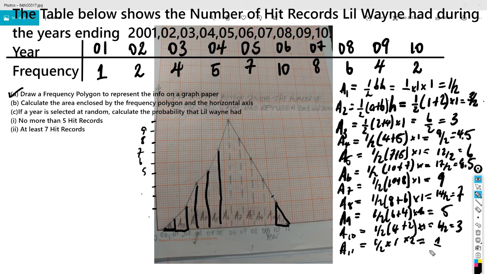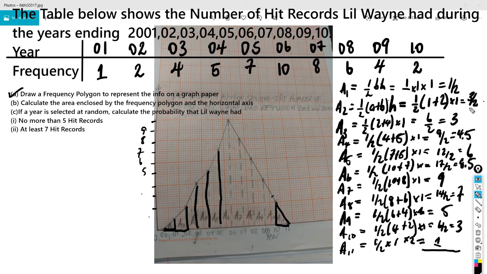Alright guys, so if you actually total all of these, 1 plus 3 would give us 4, 4 plus 5 would give us 9, 9 plus 7 would give us 16. 16 plus 9 would give us 25. 25 plus 8 would give us 33.5. 33.5 plus 6 would give us 39.5. 39.5 plus 4.5 would give us 44. 44 plus 3 would give us 47.